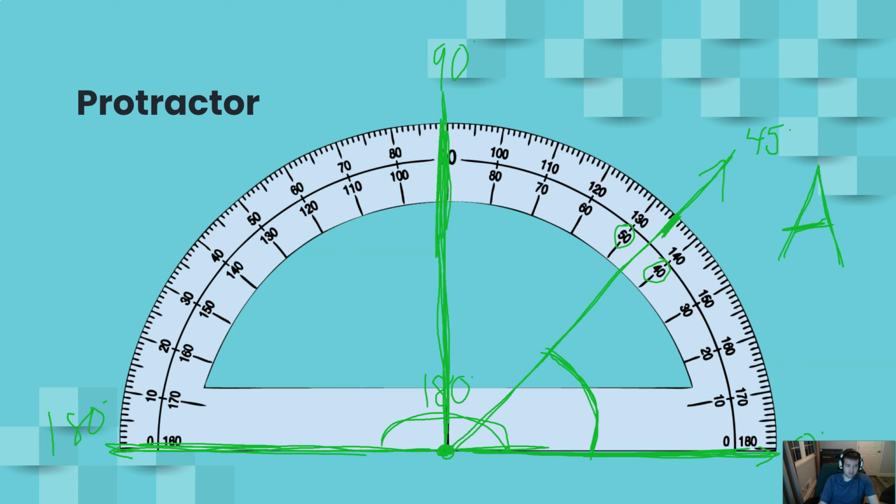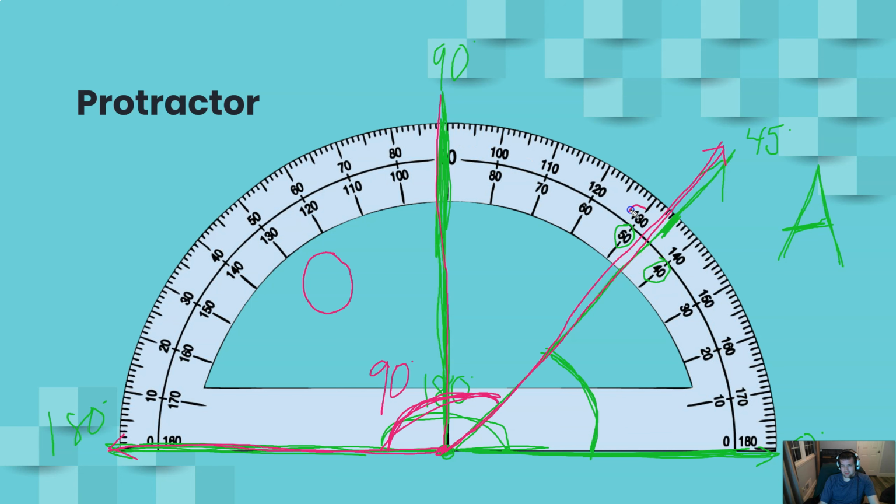But if I asked you to look at the angle, let's say from here to here, do you see that this angle is greater than 90 degrees? This is what we would call, in pink, this would be an obtuse angle measurement. You can tell that from here to here is 90 degrees, right? But then it's bigger than 90 degrees. So since it's bigger than 90 degrees, we're not going to look at the smaller numbers, we're going to look at the larger numbers.